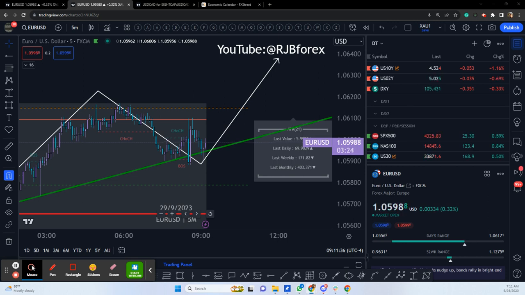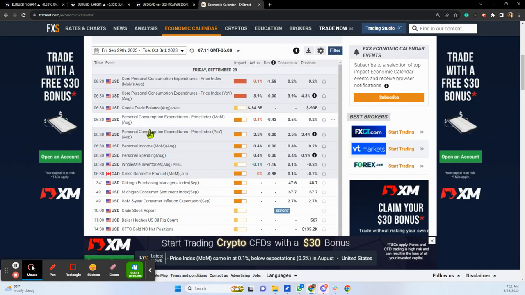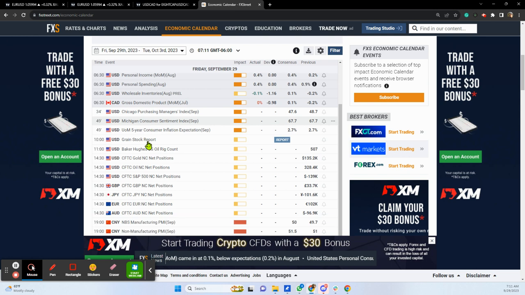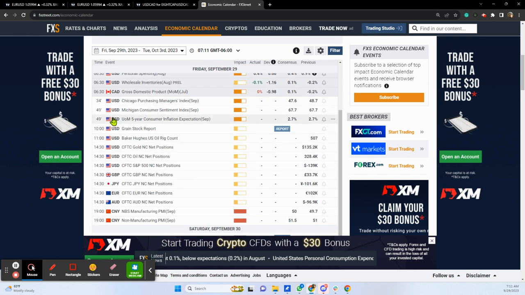Just to keep in mind, we've also got Michigan consumer sentiment that comes out half an hour after the open. And it can often be a mover. I mean, on our calendar, it's not really highlighted as a red calendar event, but in my mind, it is.